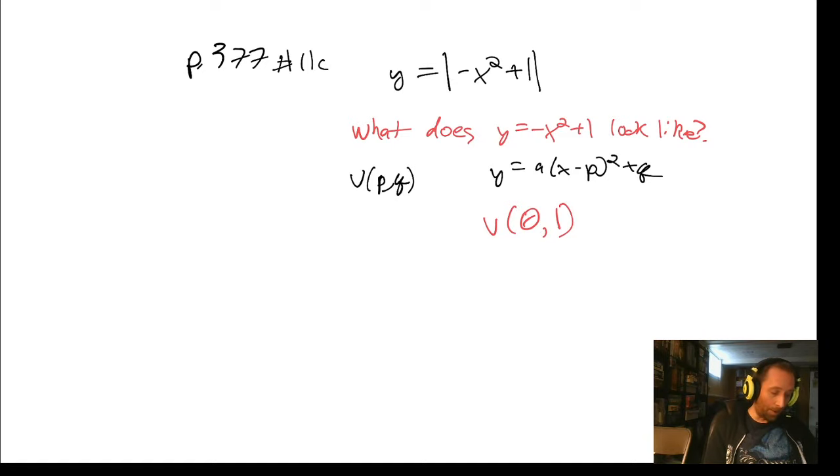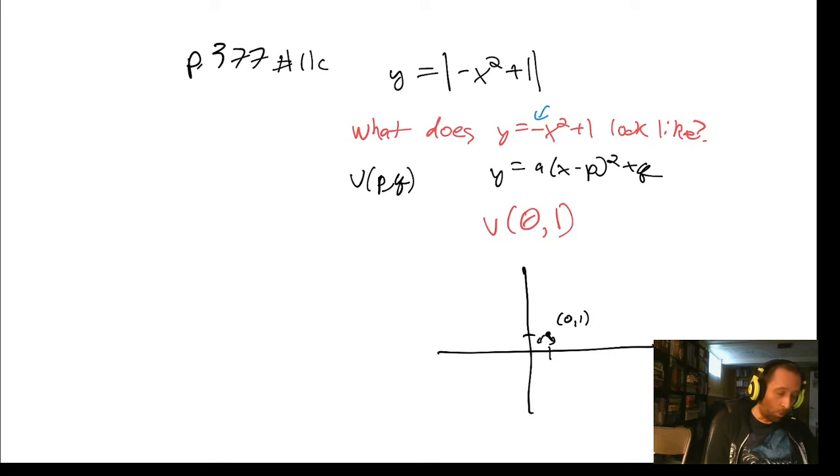And note that we have a reflection, so this is going to open down. So we know the vertex is at (0, 1). So there's my super fancy graph. (0, 1), opening down. We need to figure out what the x-intercepts of this graph are in order to properly figure out where this graph is going to reflect.